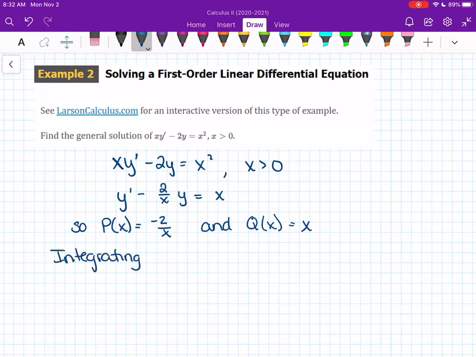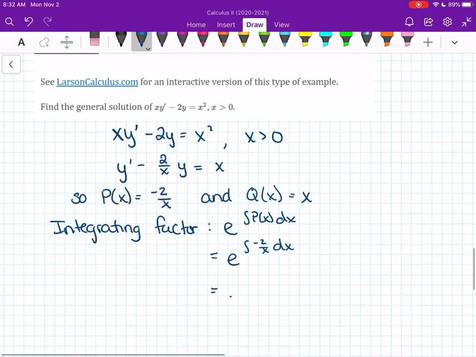All right, so then my integrating factor is e to the integral of p of x dx. So then I get e to the integral of negative 2 over x dx. And when I integrate that, I get e to the negative 2 natural log of x.